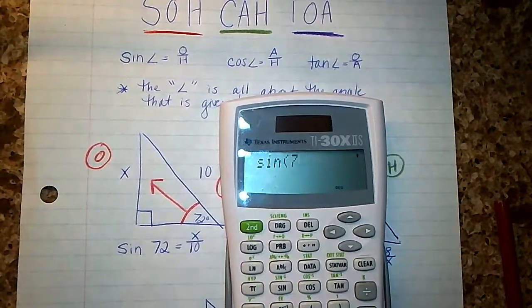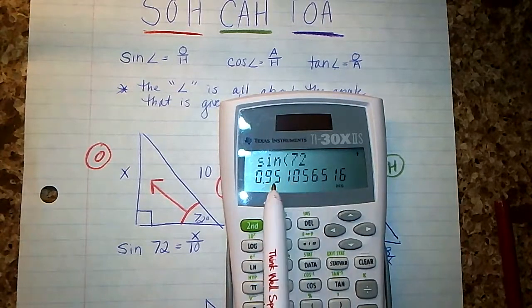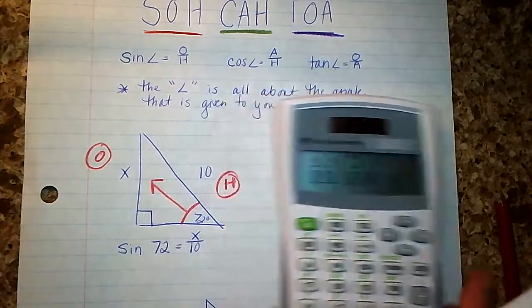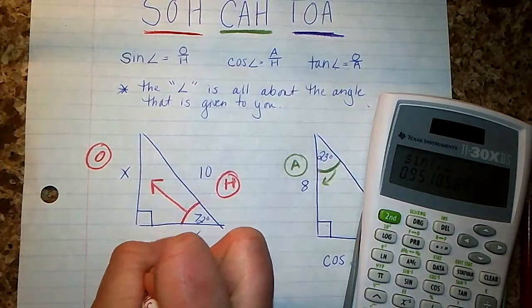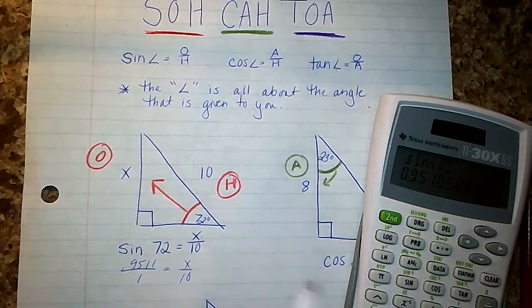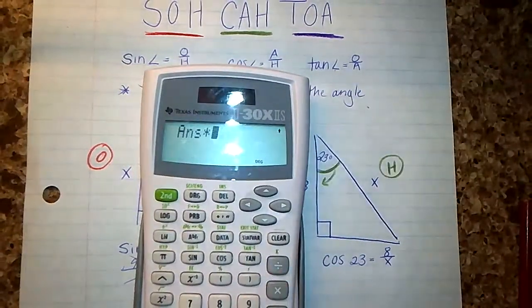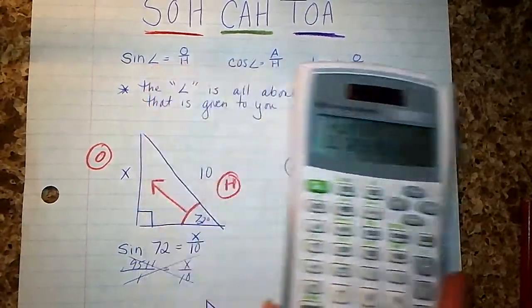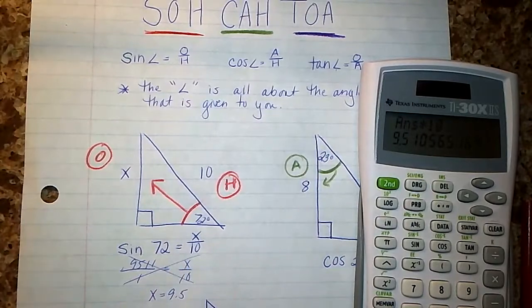Sine 72 is 0.951, and I'm going to round that off to 4 places there, 0.9511. Okay, so I'm going to set that up, 0.9511, and I'll put that over 1 to create my proportion here so that now I can cross multiply. So I'm simply going to take that number, multiply by 10, and I get 9.5. This is a side value, and all side values will get rounded to the nearest tenth.